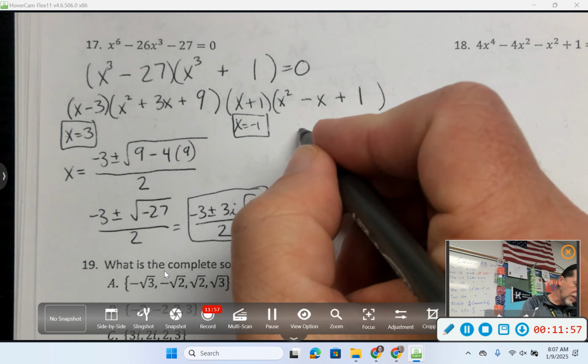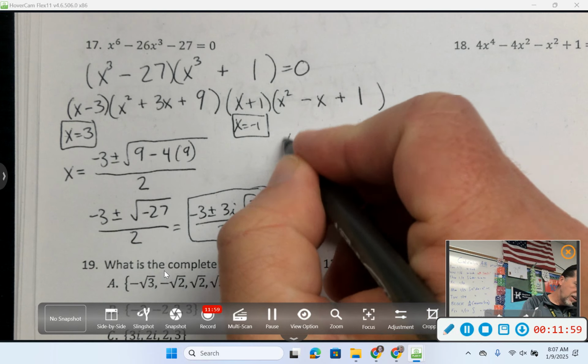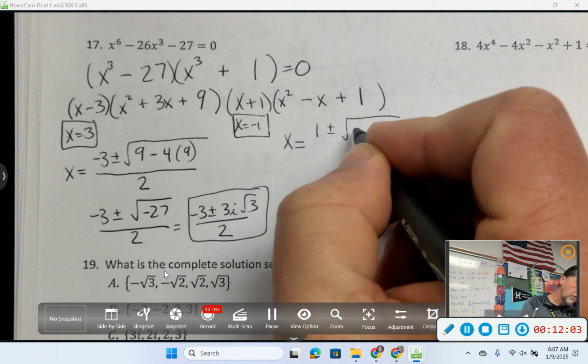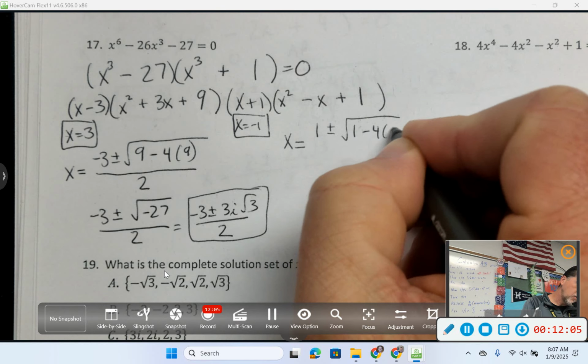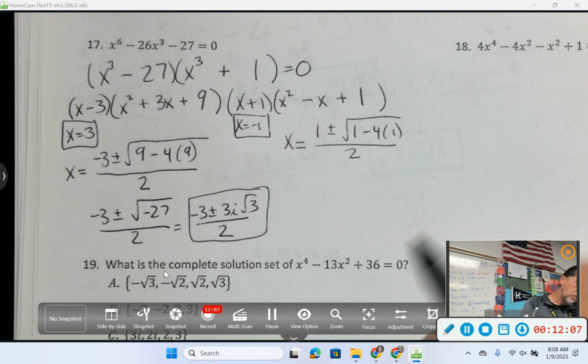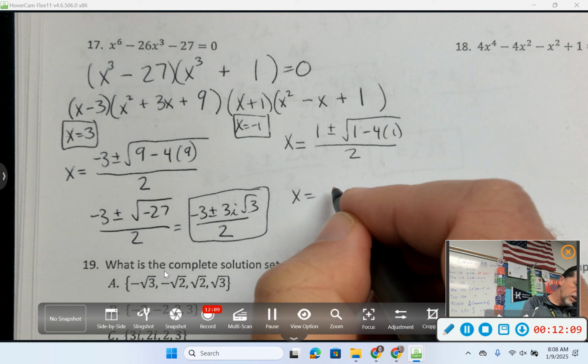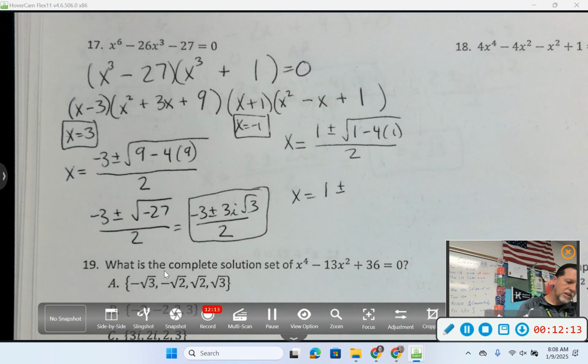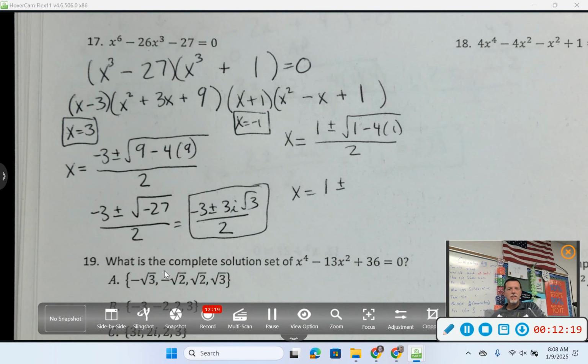And then we try the other one. x equals negative b plus or minus the square root of b squared minus 4ac all over 2a. 1 plus or minus... I'm trying to do everything in my head, which is dangerous.